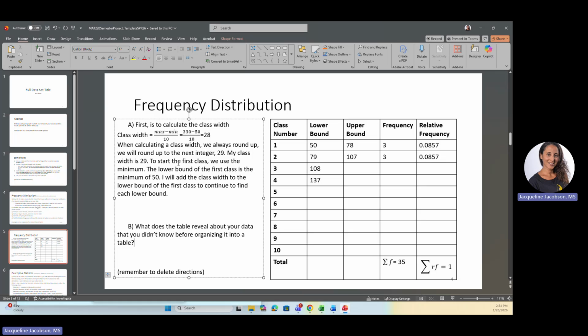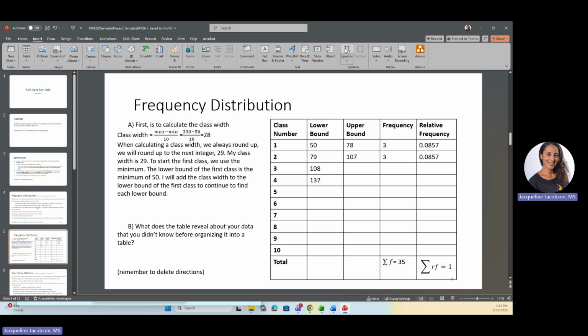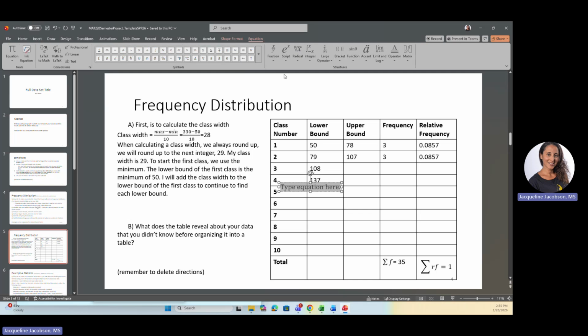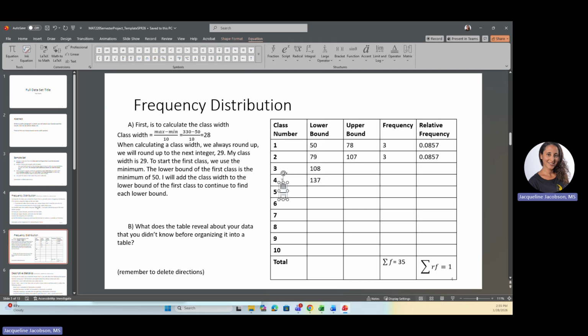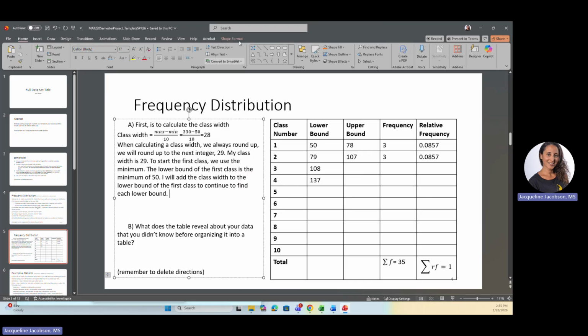Okay, so what are you doing? You are following instructions. You're telling me how you calculated your class width. If you want it nice and neat like this, we go to insert, we go to equation, and you can use your fraction. Just make sure that if I want to delete it or move it, I can.